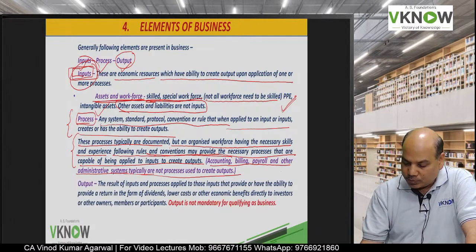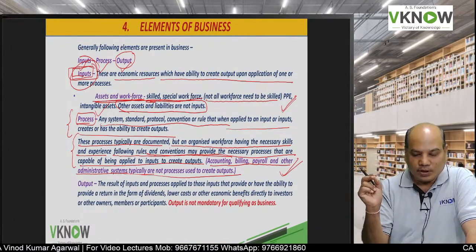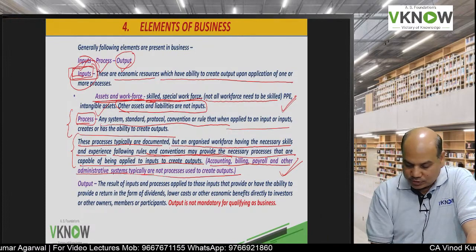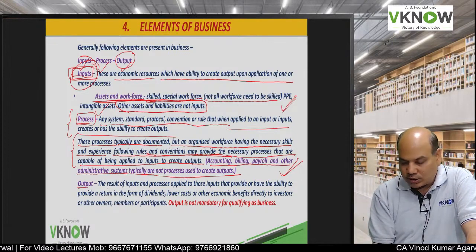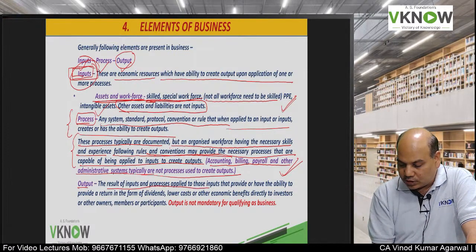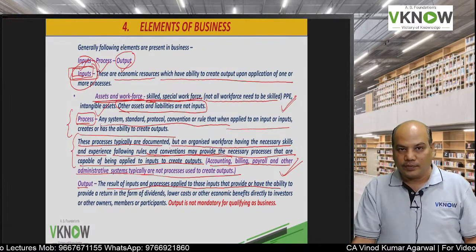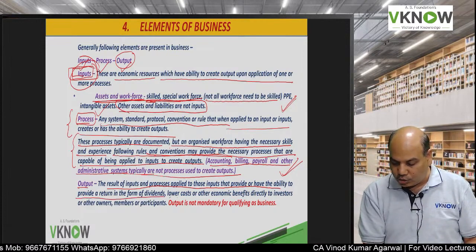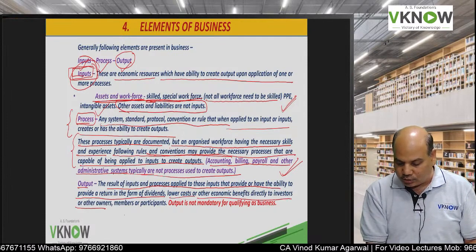But of course, if your business is to provide accounting services or payroll services, then they will become processes. And what is the meaning of output? Output means the result of input and process applied to those inputs that provide or have the ability to provide a return in the form of dividend, lower cost or other economic benefit to the investor or other owners.